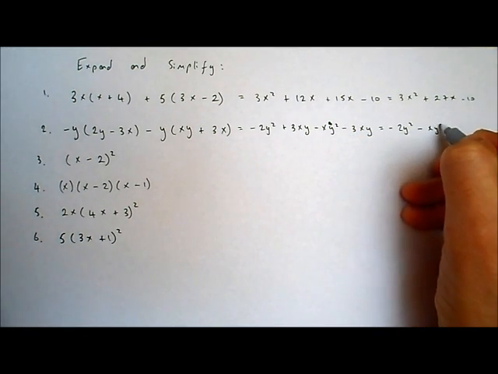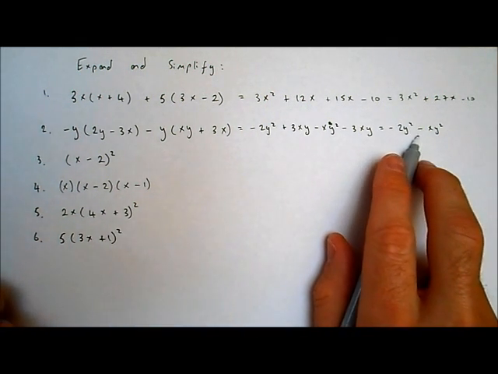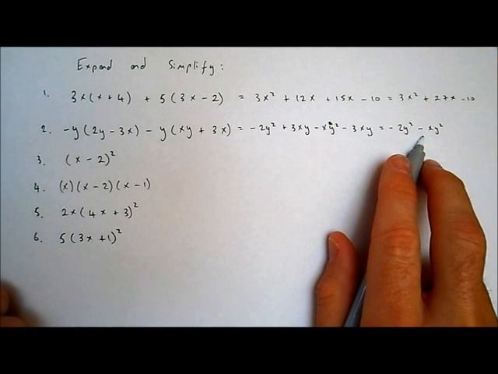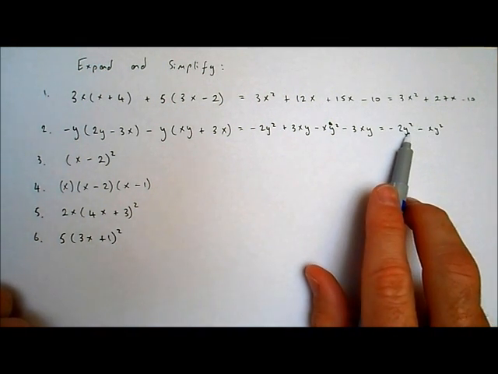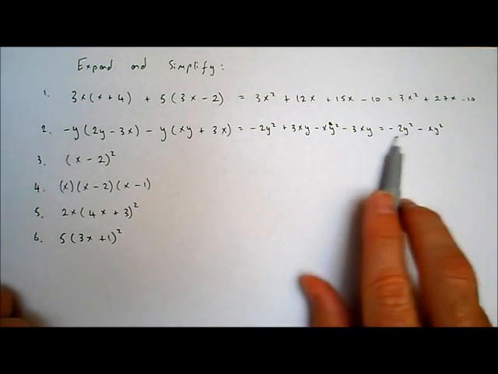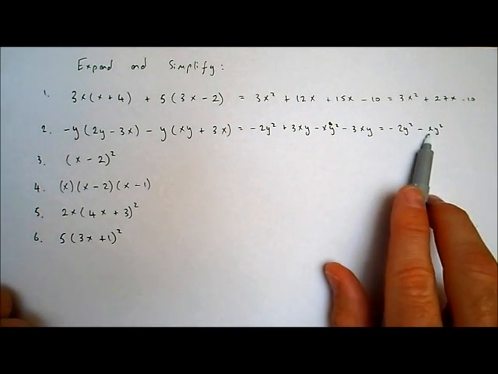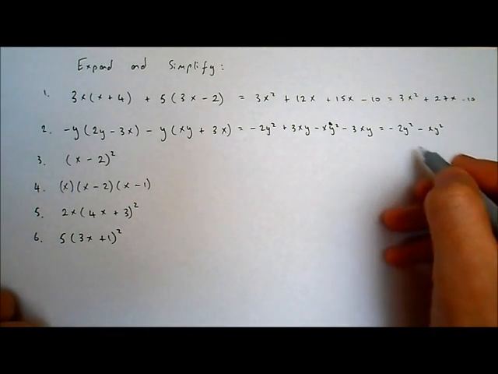So minus xy squared. And then one thing that I could do to simplify this, you wouldn't have to, but sometimes it's a nice way to tidy it up. If you look at what I have, I've got minus 2y squared minus xy squared. I could factorize out the y squared. Shortly we'll be looking at videos where we're factorizing.